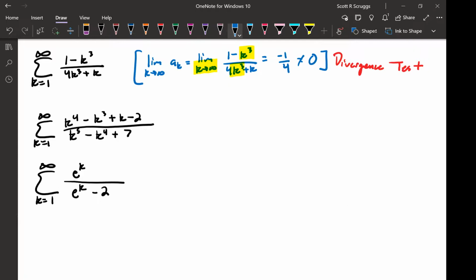Okay. That's the nice thing about the divergence test. It could be a positive number, a negative number, positive or negative infinity, or that limit could not exist. Either way, as long as it's not 0, the divergence test is fair game.